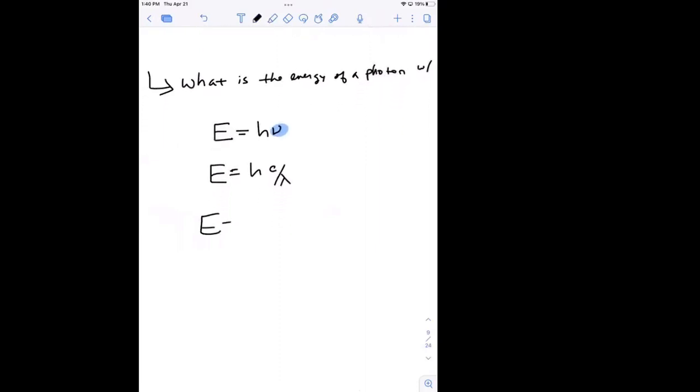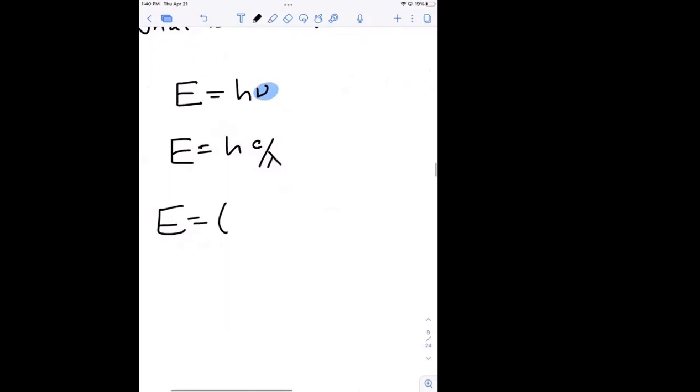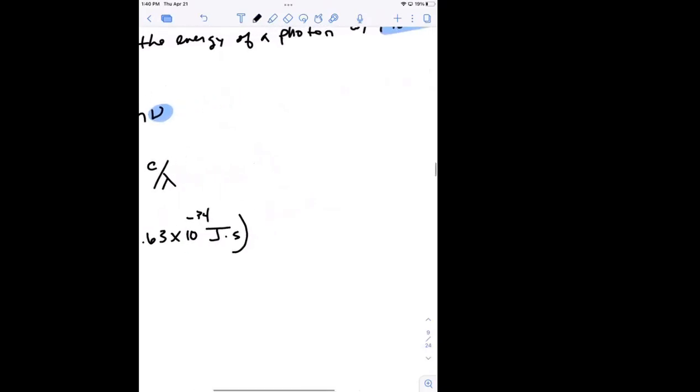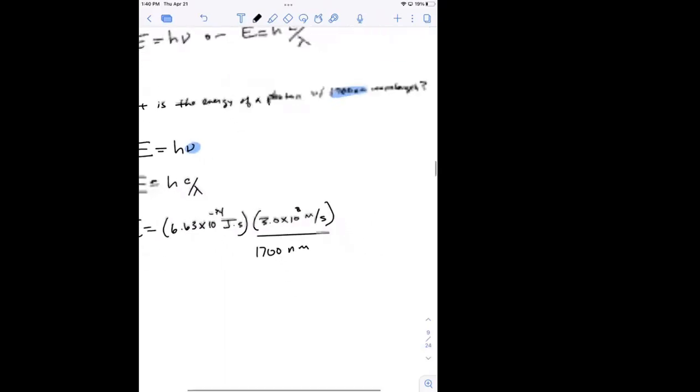So E, remember h is Planck's constant, 6.63 times 10 to the minus 34 joule seconds. And then the speed of light, we're going to just plug that in, 3.0 times 10 to the 8th meters per second. And this is over lambda, which is 1700 nanometers. All right, we got a problem right there.